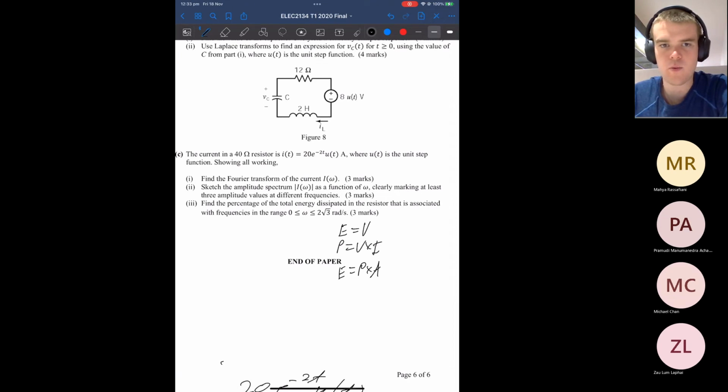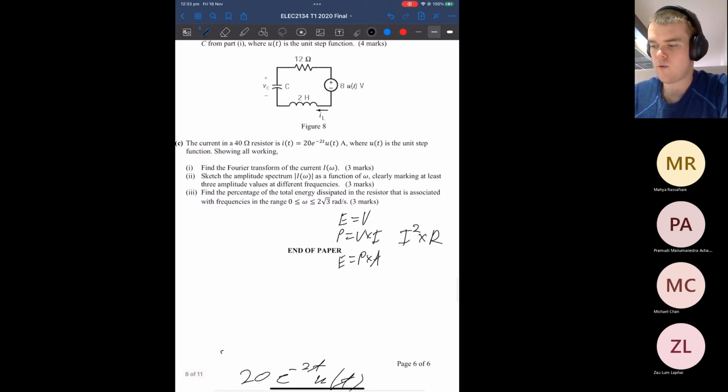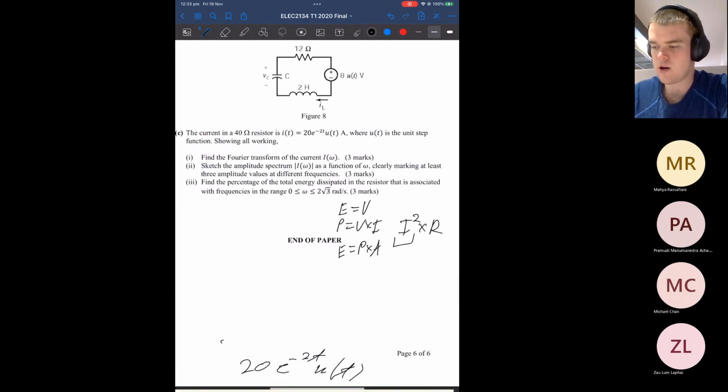So, since we have power as voltage times current, we can also say it's the same as current squared times resistance, right? So if we can get some understanding of the current, we can square it and then get the power of the resistor.